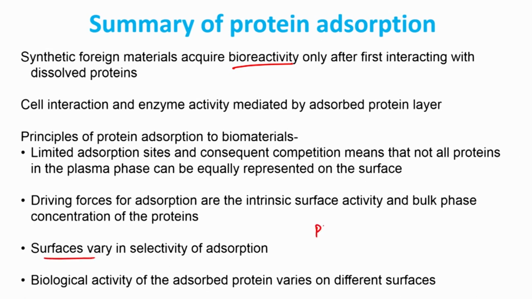If I am using PLGA versus PEG versus, let us say, PLA versus PCL, all of these have different hydrophobicity, hydrophilicity, different surface groups, and different interaction with the proteins. So, the type of proteins that can adsorb on these surfaces is going to be very different. And then again the biological activity of the protein varies on different surfaces as we just discussed.